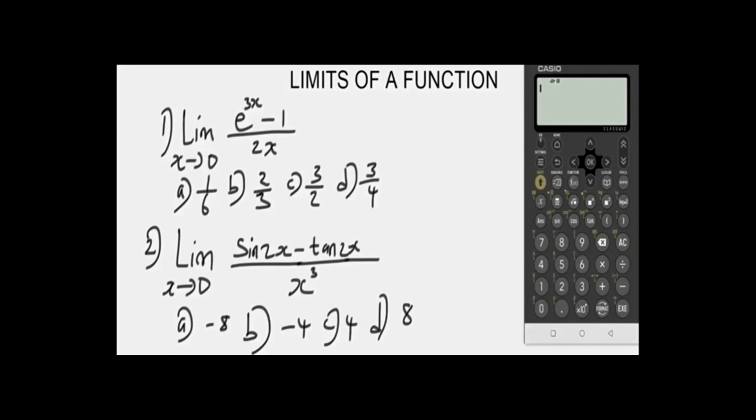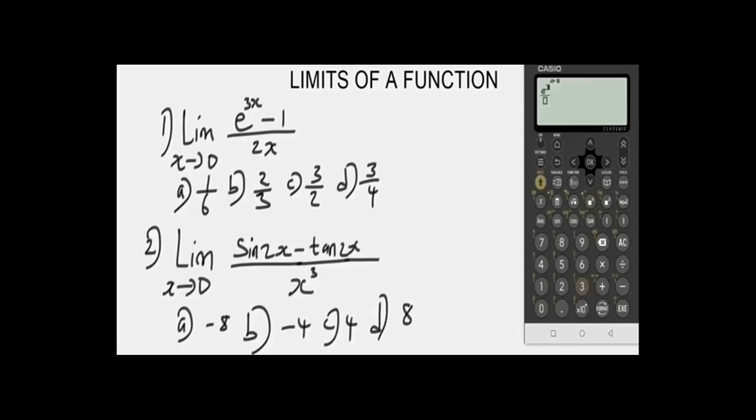It's in fraction, so you make use of this fraction button. We have exponential to the power 3x. To bring out the exponential, you press shift and this button 8. To make use of the power function, press this button once. We have 3x. Now bring out the x stored on this calculator.